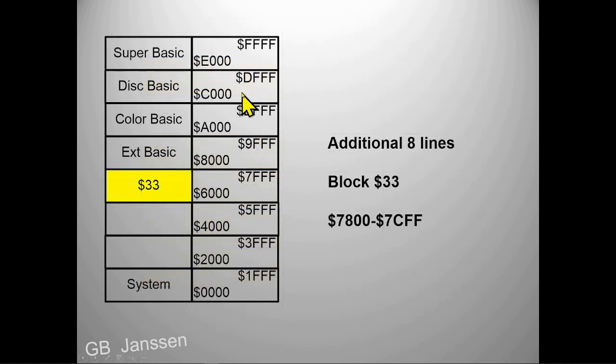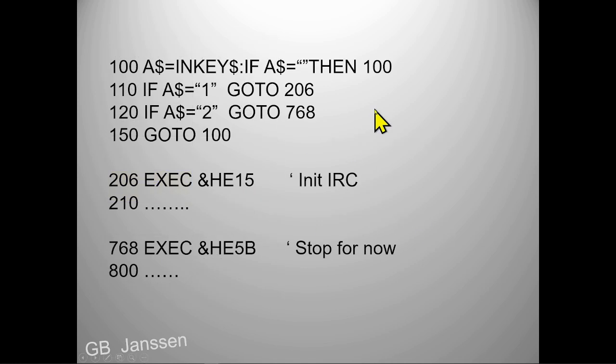What we're going to be doing is using that block 33. We're just bringing it forward into this 6000 range, so we can address it in this area right there.